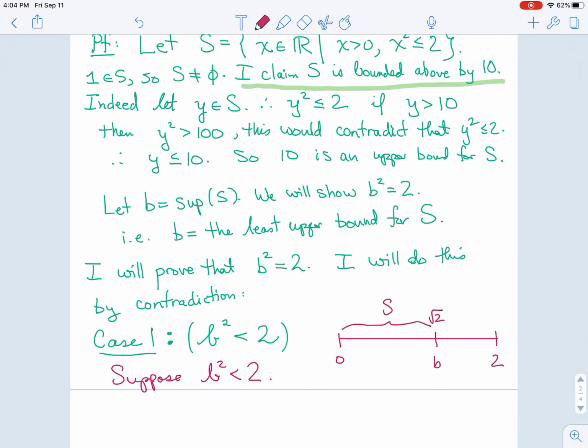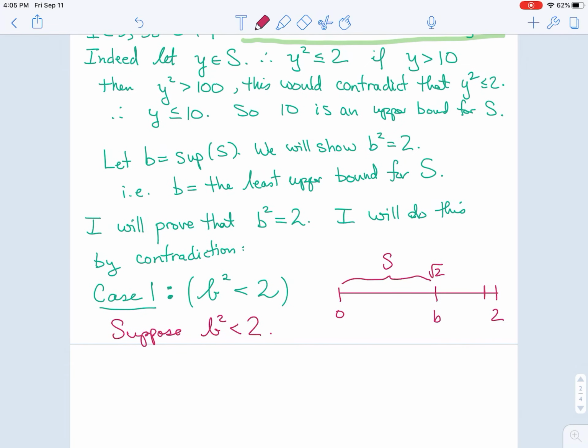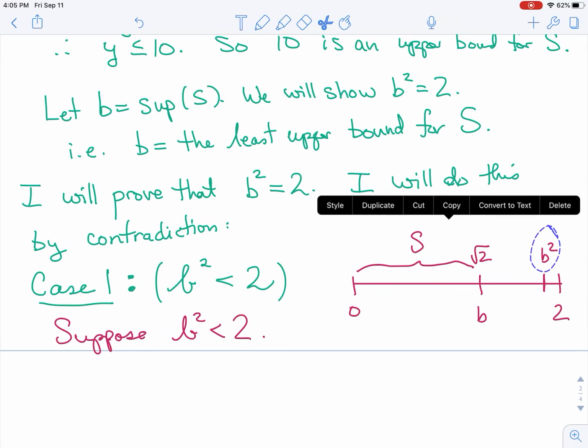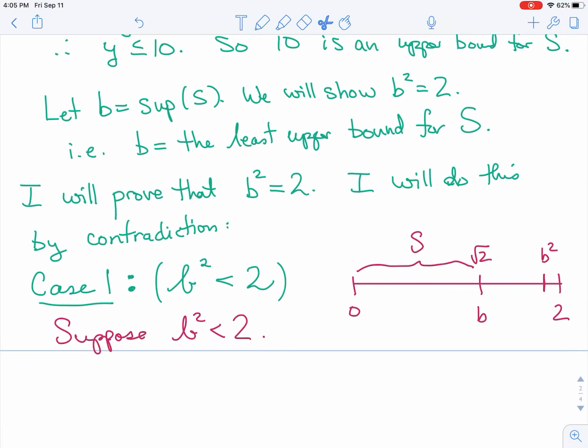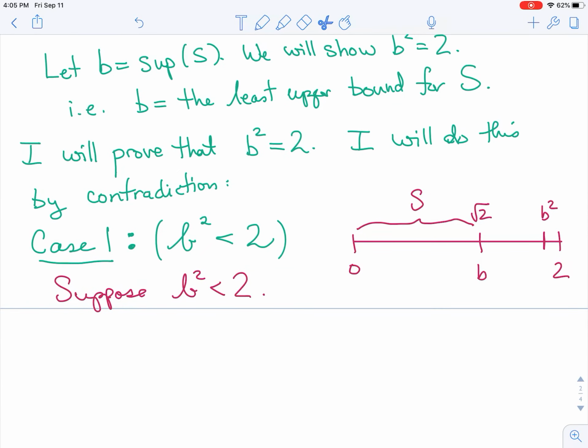And what are we supposing? We are supposing that B squared is smaller than 2. And so wherever B squared is, it's somewhere to the left of 2. It might be really, really close to 2, but it's going to be somewhere smaller than 2. And so let's give that a name.